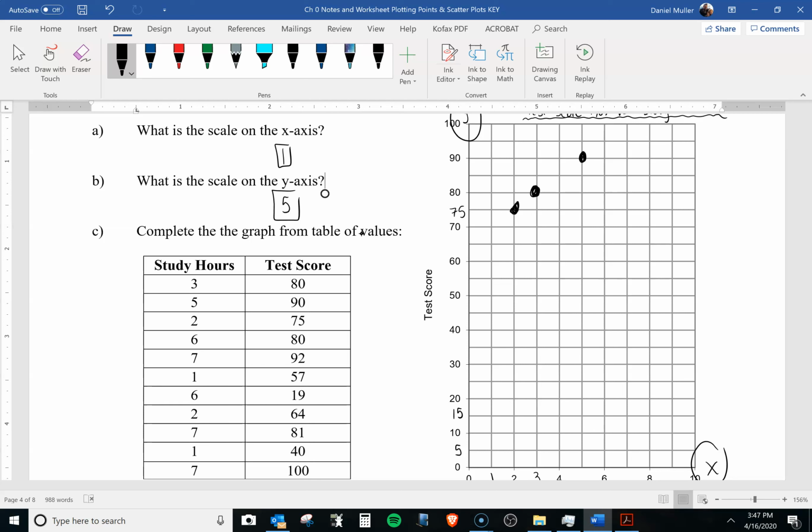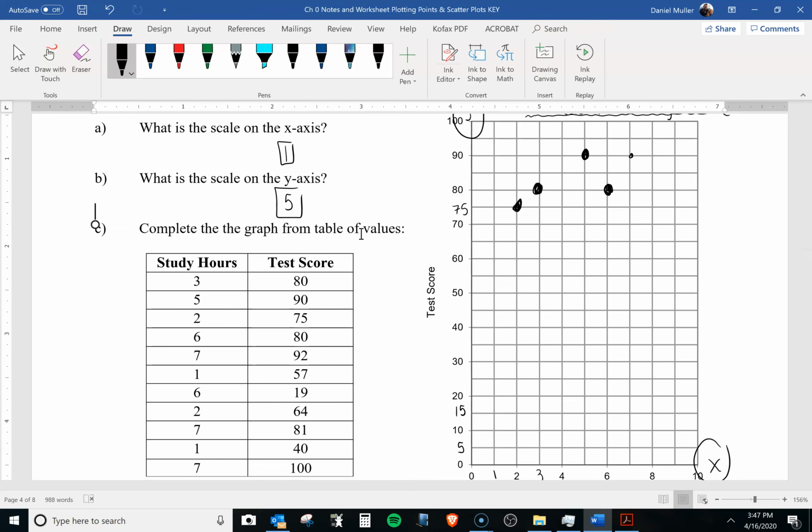So that was 2 and 75, 6 and 80, 7 and 92. That's a weird one. 7 and 90 is right here, so it would be good to go slightly above that. You're just kind of having to guess here.